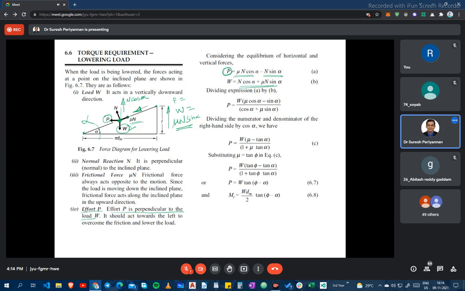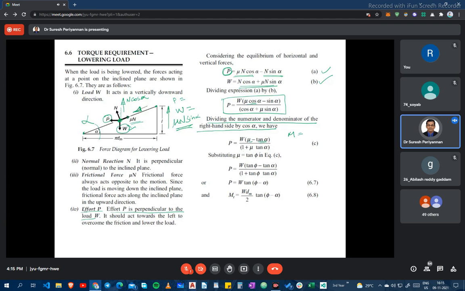Now you simplify equations A and B, and finally we get this equation. Dividing the numerator and the denominator of the right-hand side by cos alpha, we get mu minus tan alpha divided by 1 plus mu tan alpha. Now I introduce the friction angle.